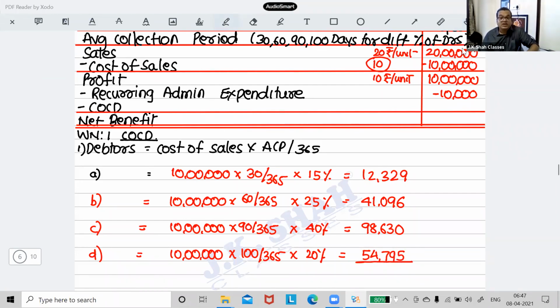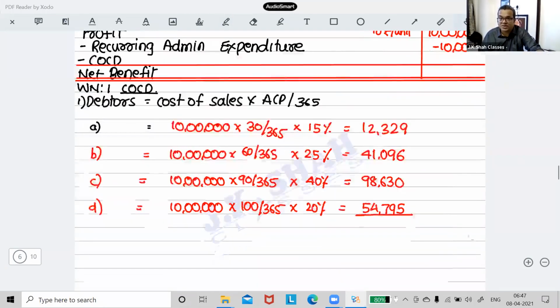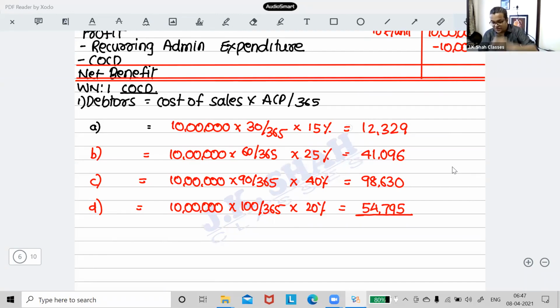Now see the total of all these four is going to be what? It's going to be our total debtors, right? So 12329 plus 41096 plus 98630 plus 54795. Yes, Logeshwaran.